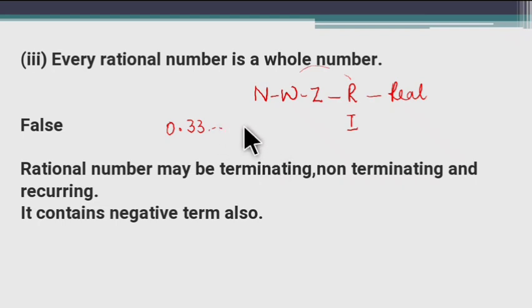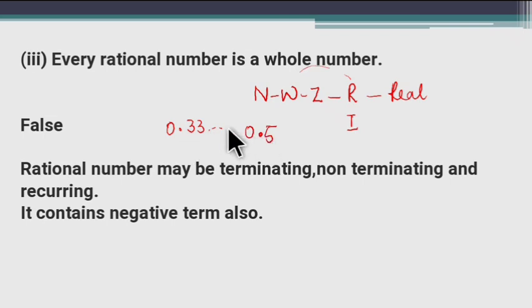Then terminating, for example 1/2. 1/2 we can write as 0.5, right? This is terminating, this is recurring. This is one example of a rational number.